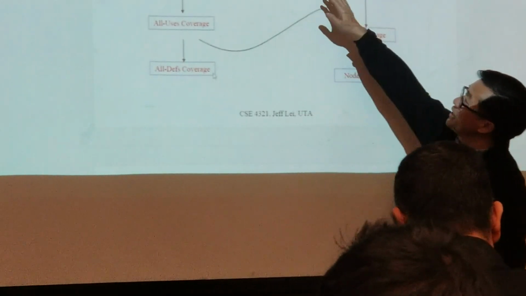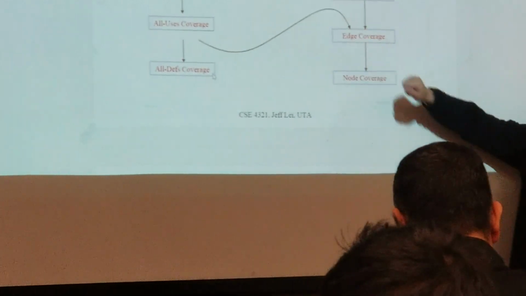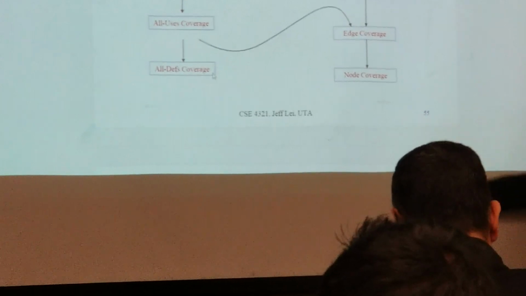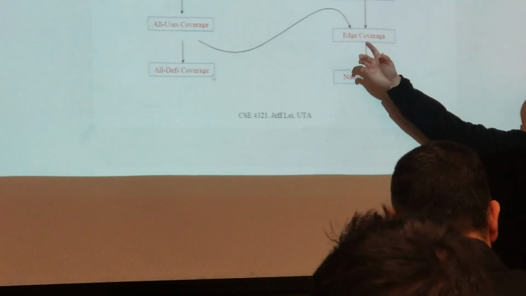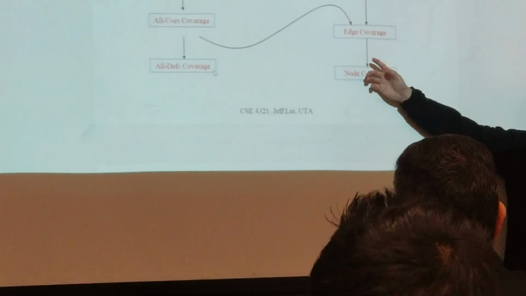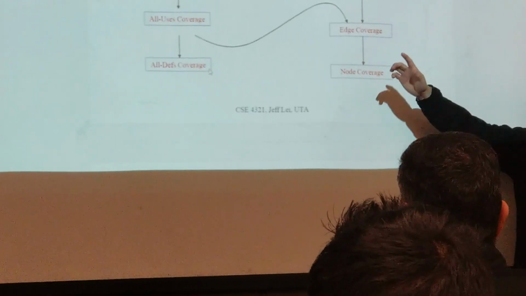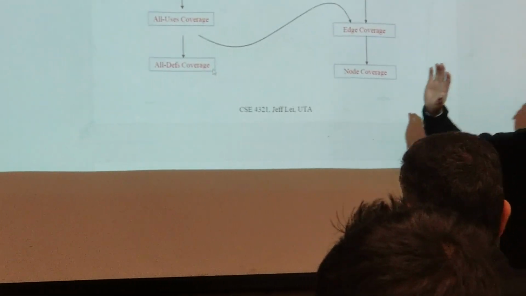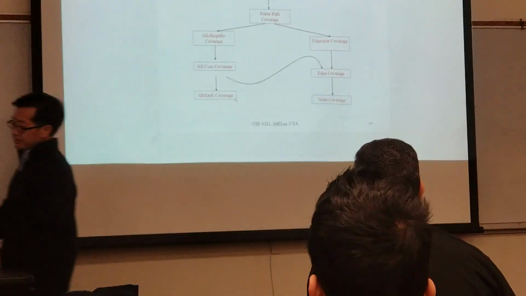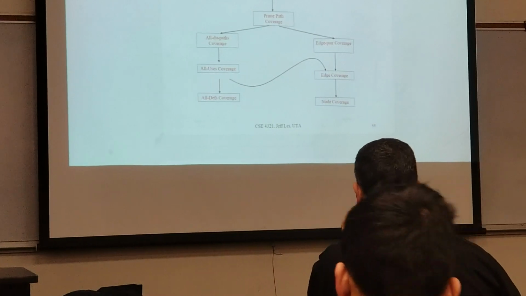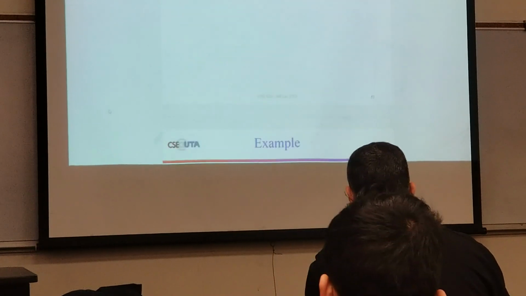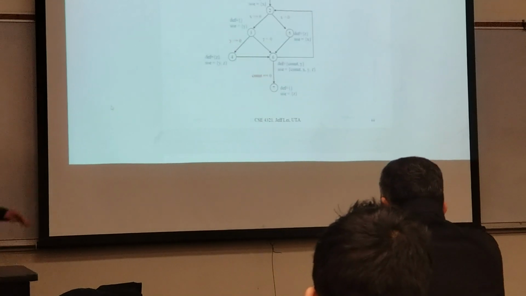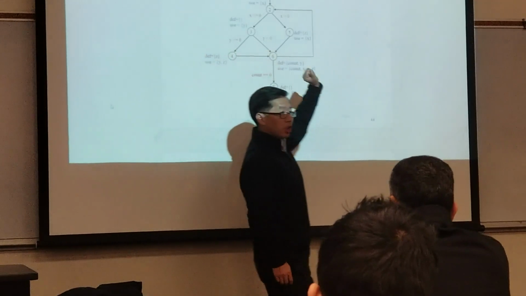So what is interesting is that you have this cross edge here. All uses coverage is stronger than edge coverage, and I should mention that if you read the textbook, this has one assumption. It's the p-uses, like as I mentioned before. So if you look at the example here, we have a branching node.